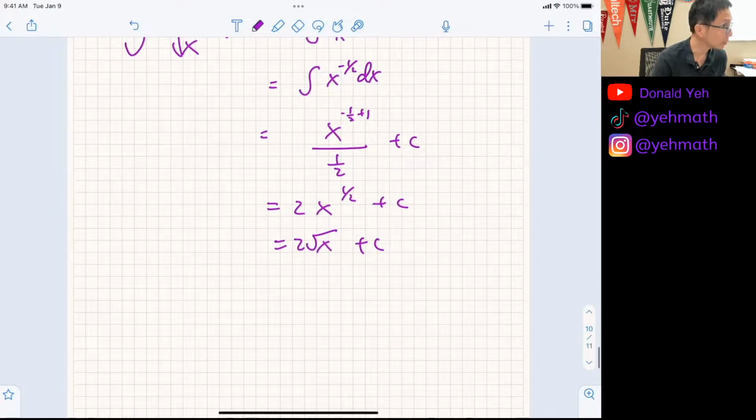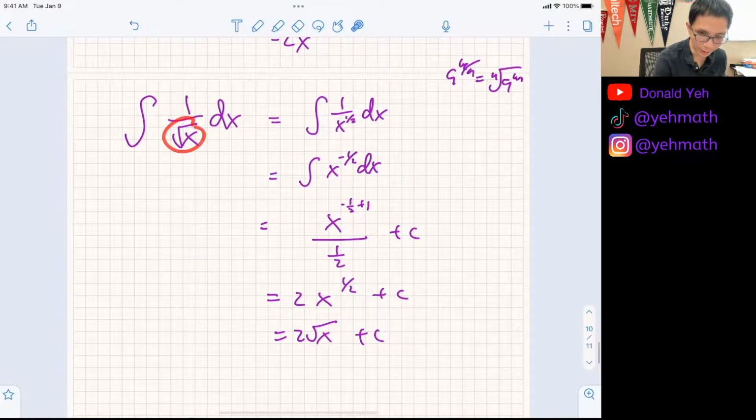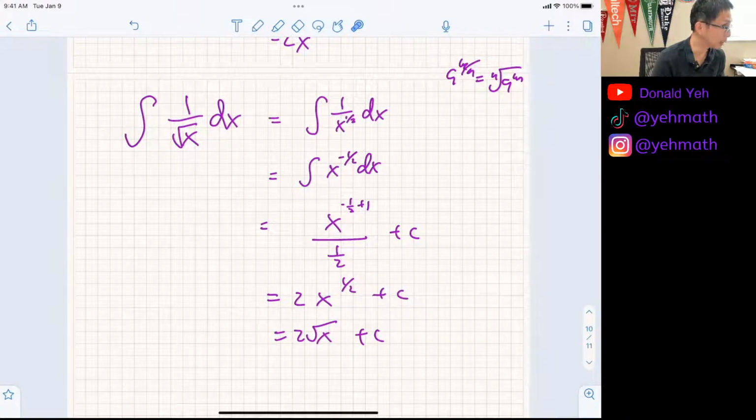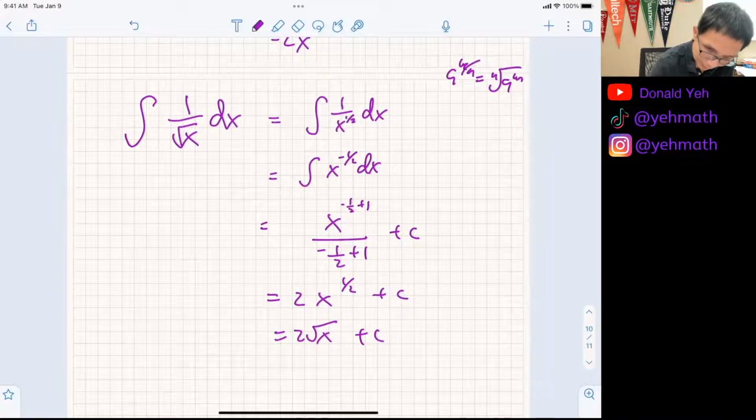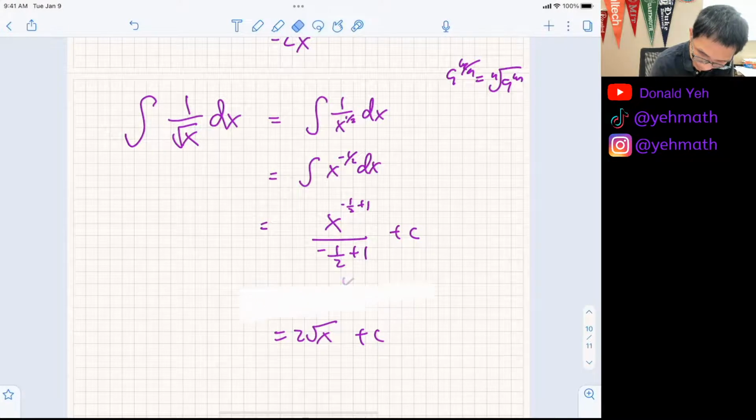Do you understand, Mia? I changed this to the 1/2 power. I move it to the top to become negative 1/2 power, and I integrate by plus 1 over plus 1. Negative half plus 1 is going to be half. So think about it: I'm going to erase this part.